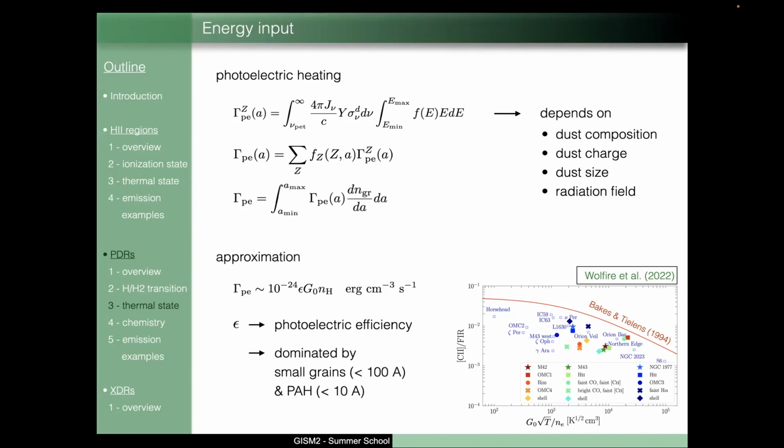And so what you write in this equation is that the photoelectric heating is the rate of absorption of energy by the dust multiplied by the photoelectric efficiency, the efficiency to heat the gas when you absorb some energy by dust. So this is how Bakes and Tielens parameterize this photoelectric heating.